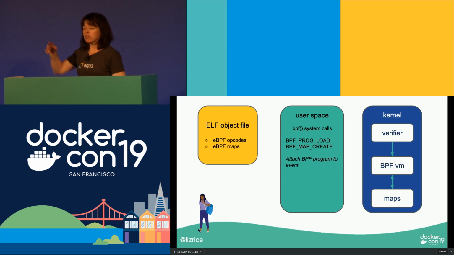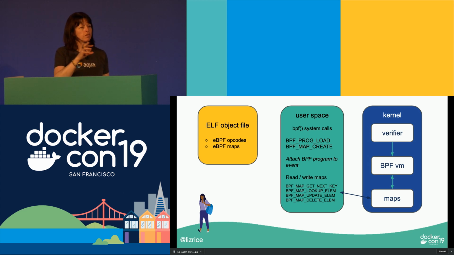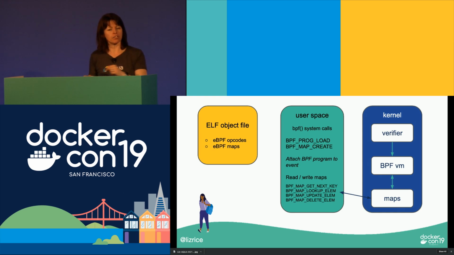We saw the system calls that get used to attach a BPF program to some kind of event. And then we have the option to use BPF with some more subcommands to access data in the maps that we might have created.